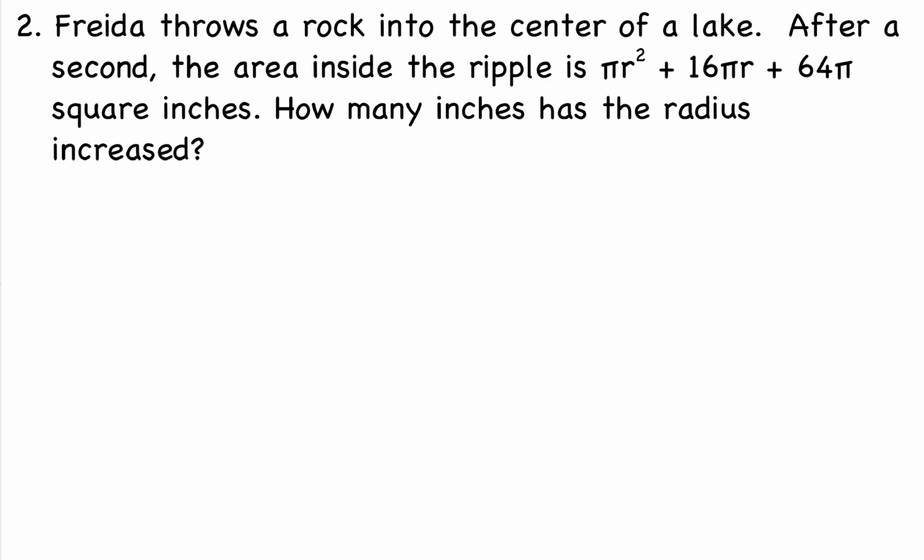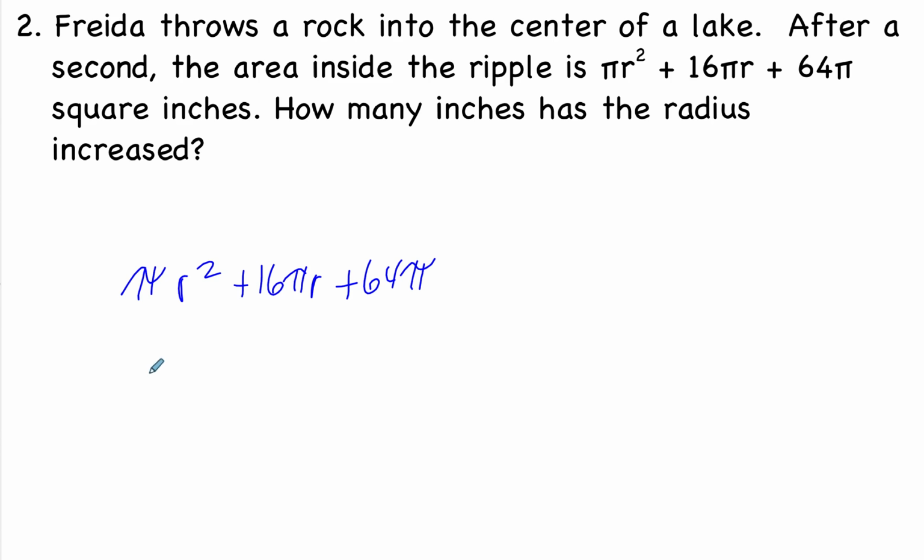Problem number 2 says Frida throws a rock into the center of a lake, and after a second, the area inside the ripple is given by this polynomial expression. How many inches has the radius increased? Well, if we take a look at that, pi r squared plus 16 pi r plus 64 pi.